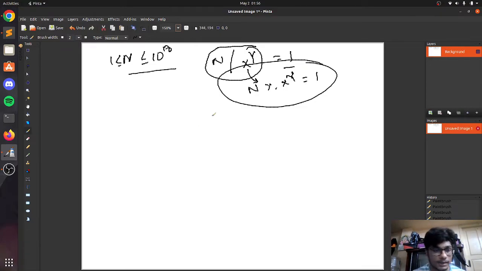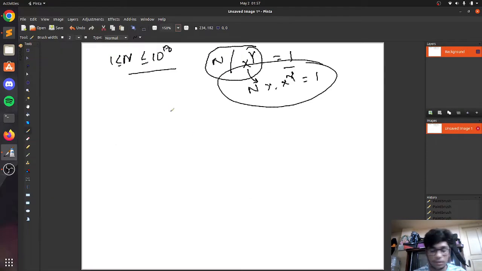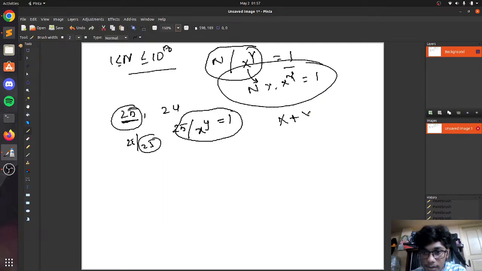So let's see the sample test cases. Take 25 and 24. If you divide 25 by something, x to the power of y, it gives 1. 25 is an odd number, so 25 divided by 25 equals 1, and you have to check that x plus y is even.